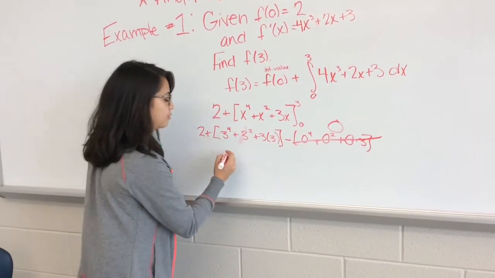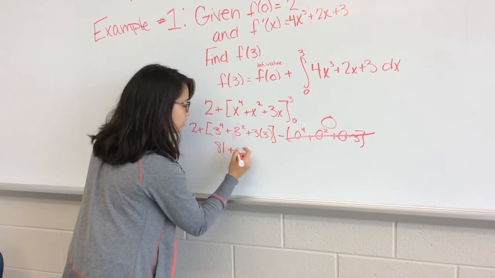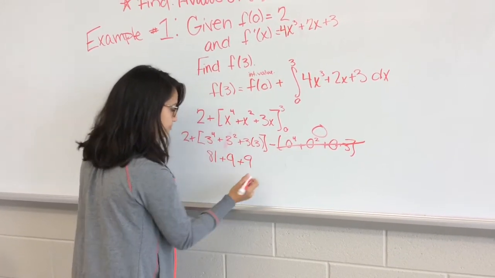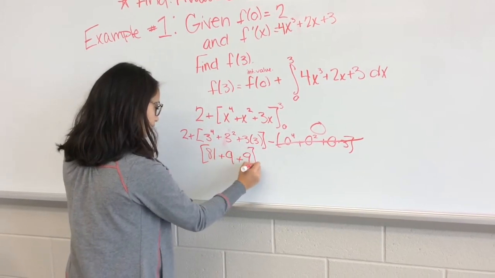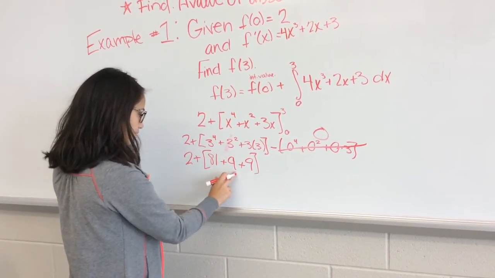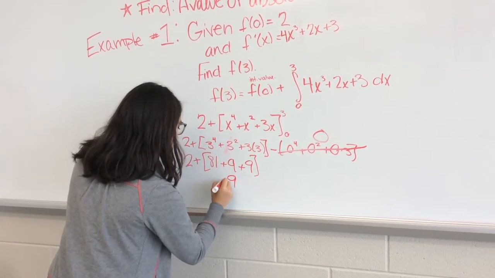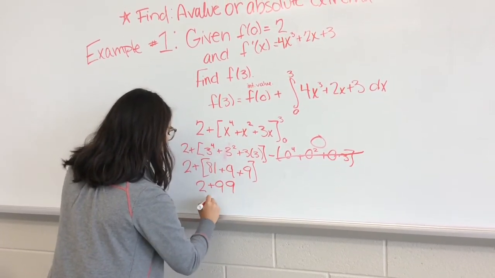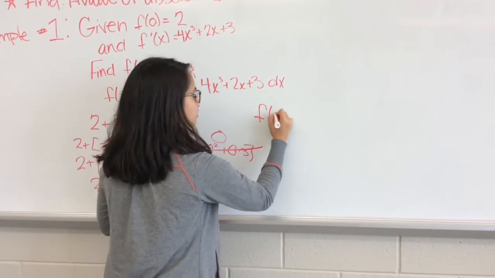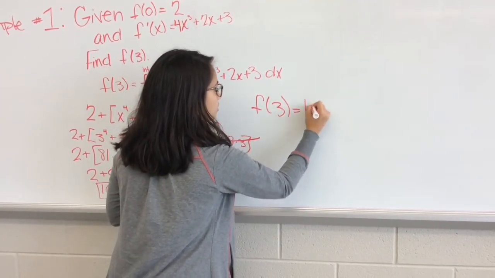And 3 to the 4th is 81, and then 3 squared is 9 plus 9, all plus 2, so then that would be 99 plus 2, which is 101. So then you can say the f of 3 is 101.